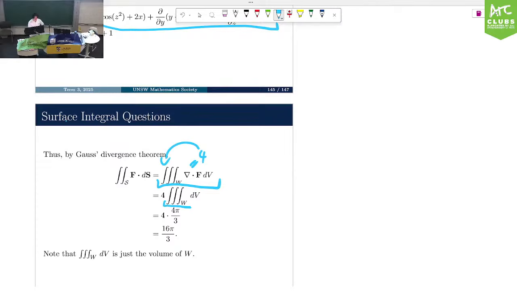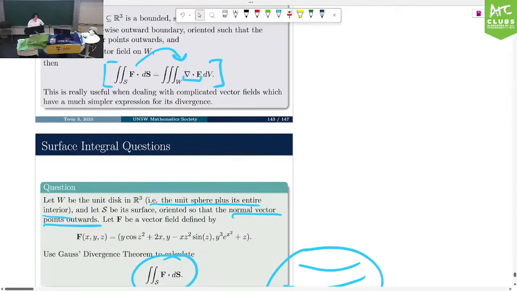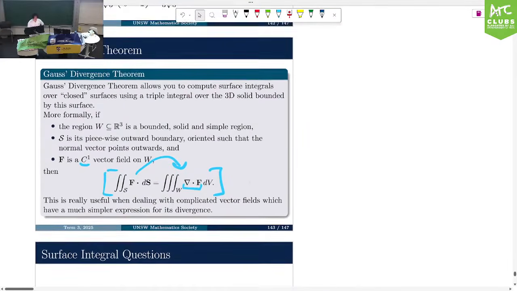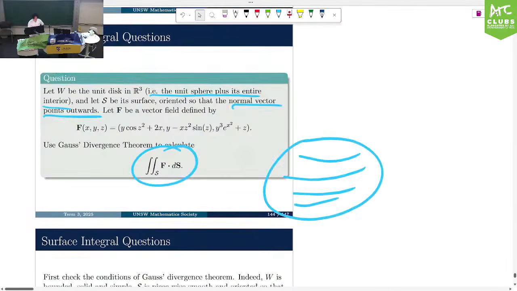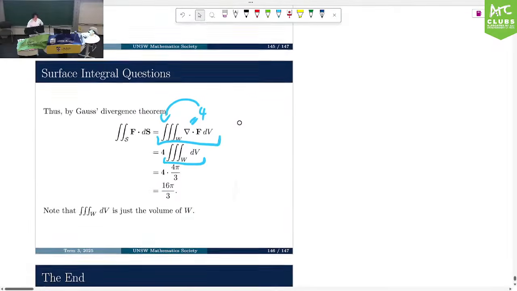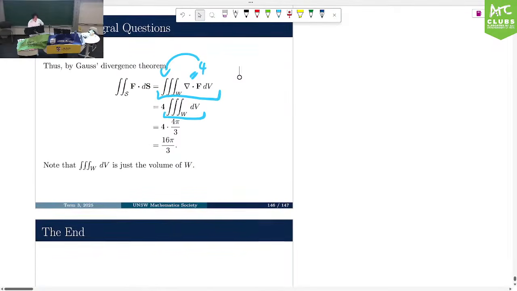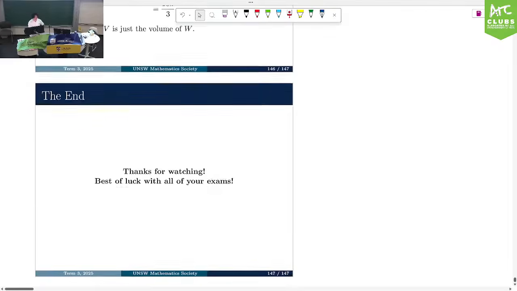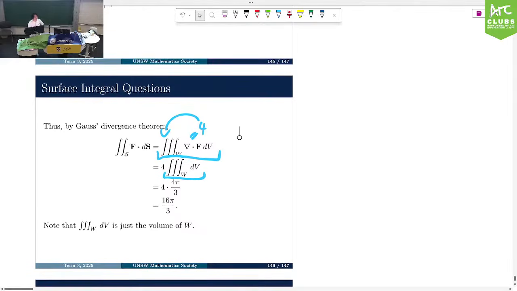Then that is just the volume of the entire 3D region, which you might be tempted to use polar coordinates for, but since we're looking at a sphere with radius 1, the volume is 4 pi on 3, so the result is 16 pi on 3.